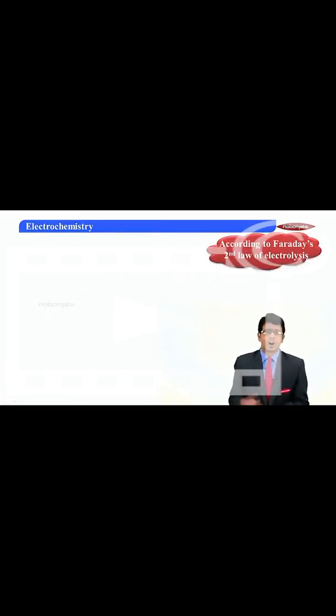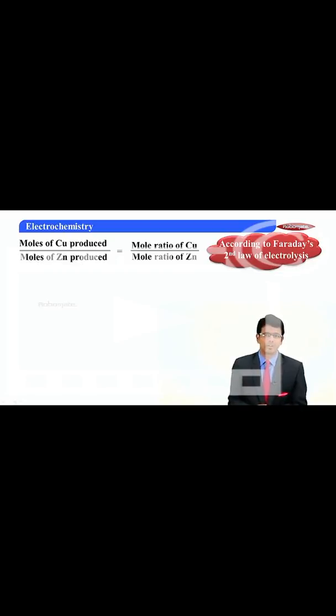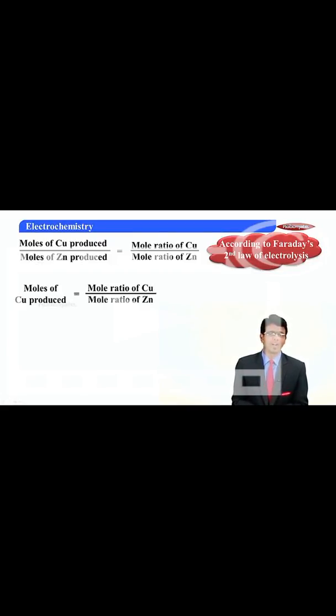Now, according to Faraday's second law of electrolysis, we have the formula here that moles of copper produced upon moles of zinc produced is equal to mole ratio of copper upon mole ratio of zinc, right? Therefore, moles of copper produced will be equal to mole ratio of copper upon mole ratio of zinc multiplied by moles of zinc produced, isn't it?